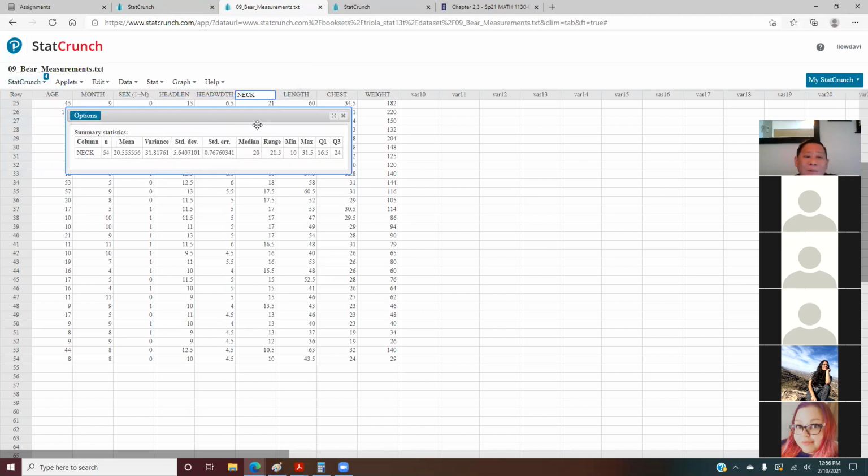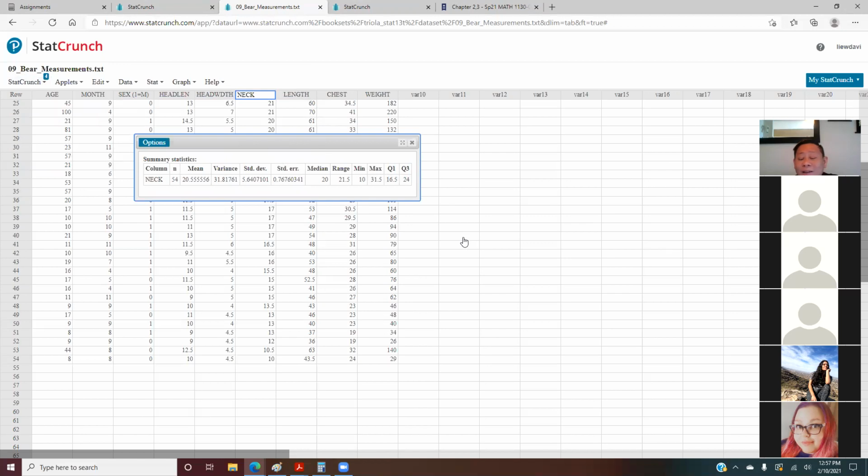Can you tell me what is the Q1 for this neck in 2 decimal places? 16.50, which is the same thing as 16.5. Can you tell me what's Q3 in 2 decimal places? 24. 24 is 24. You cannot do 2 decimal places in there. So all this is already in 1 or no decimal place, that is your answer. But the one with a lot of decimals, that is the one that you need to round.